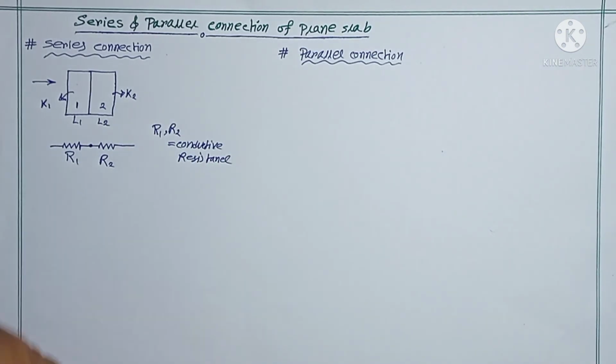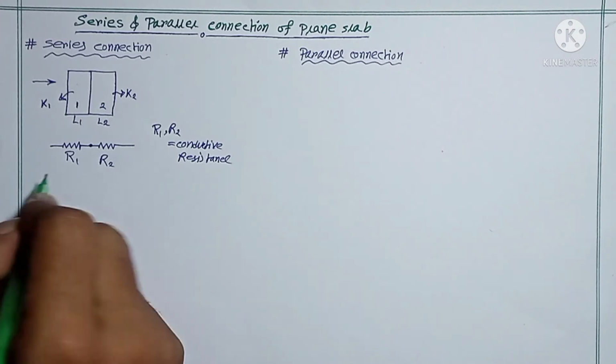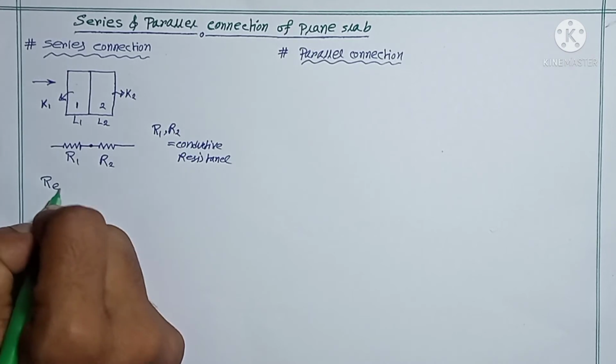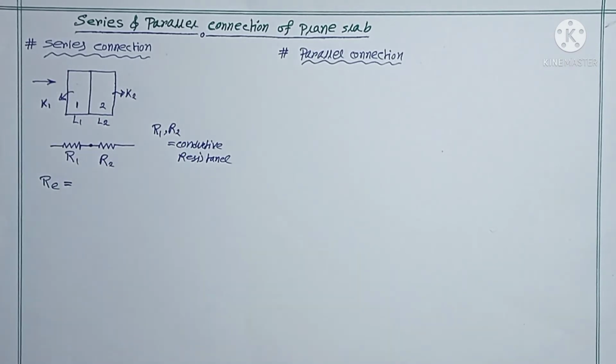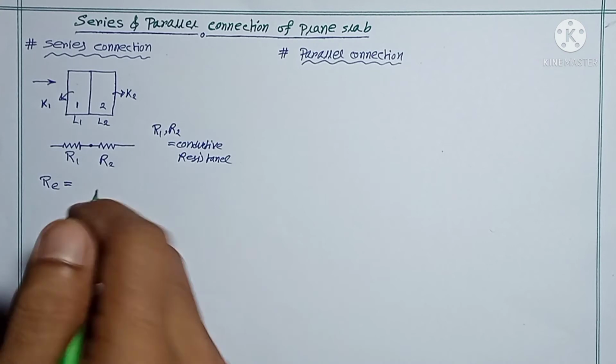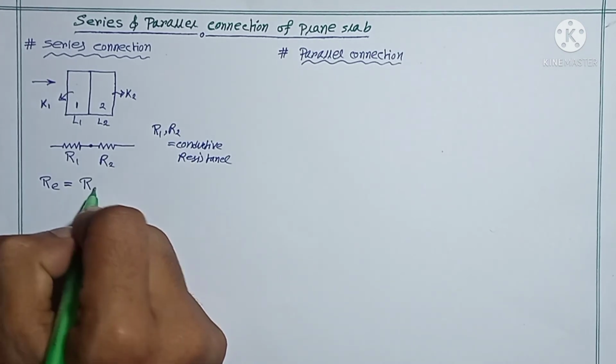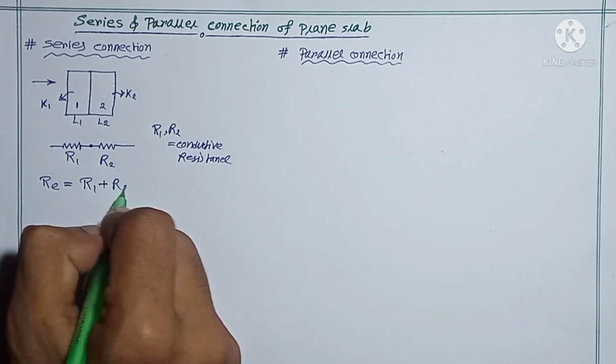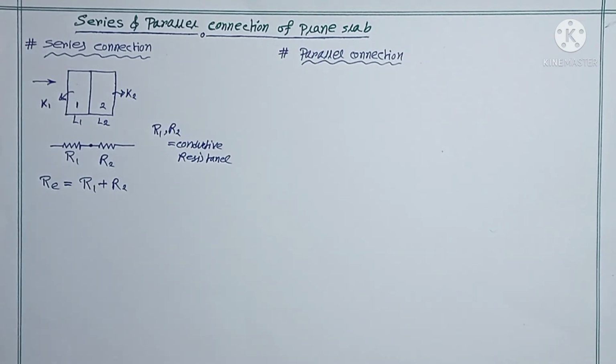If I want to convert R1 and R2 into a single, equivalent conductive resistance, how can you write it? If I consider R as the equivalent resistance, then in case of series it will be R1 plus R2. Just try to understand with an example. Suppose there are two jobs which you want to perform one after another.